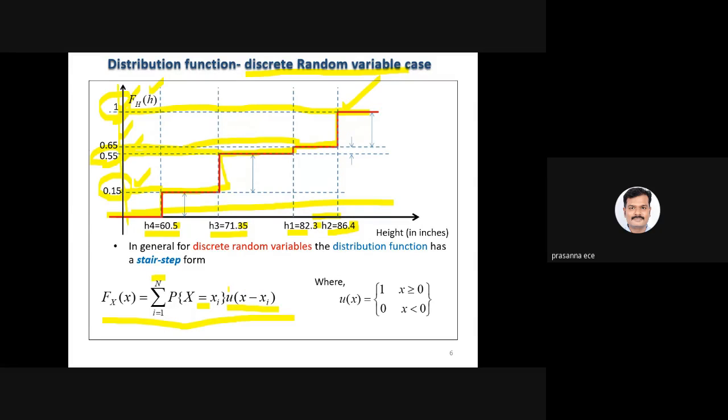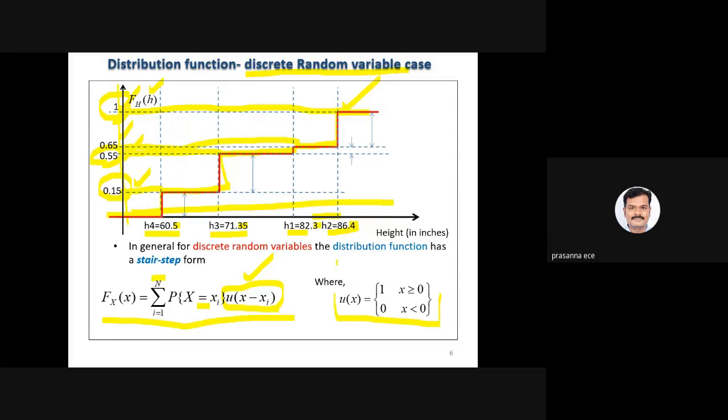Now this u is a special type of function, so we have to carefully observe it. This u is defined by this equation. It is called the unit step function.